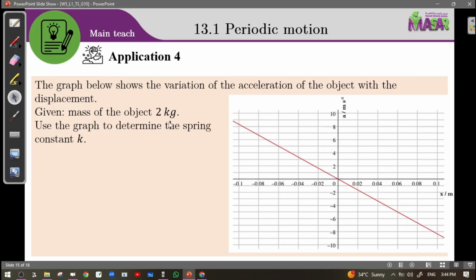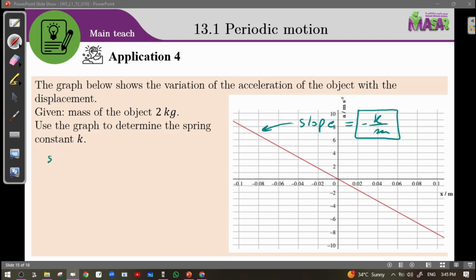Given that the mass is 2 kilogram, use the graph to determine the spring constant k. We know that the slope here has a specific meaning. Slope is equal to minus k over m. So let me calculate the slope to find minus k over m, and then we're gonna use it in order to find k.